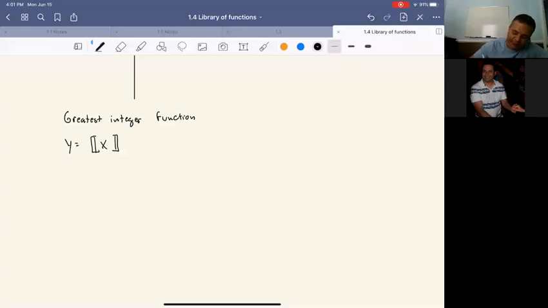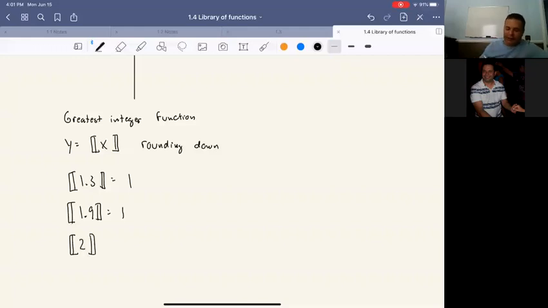And I like to remember it that we're rounding down. So the greatest integer of 1.3 is going to equal 1. Greatest integer of 1.9 equals 1. Greatest integer of 2, that equals 2 now.